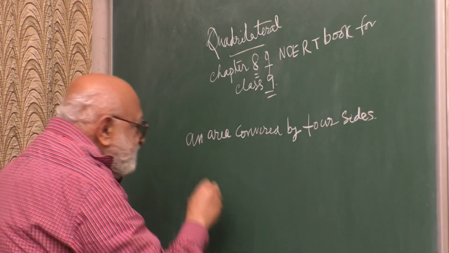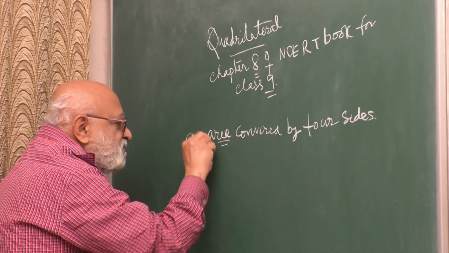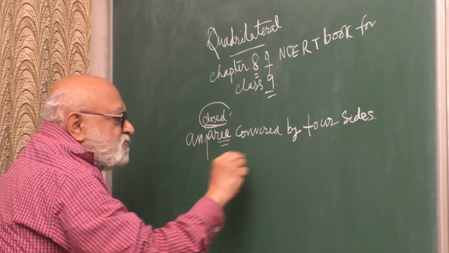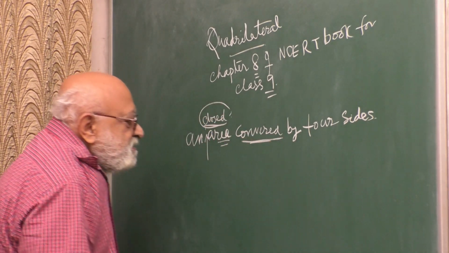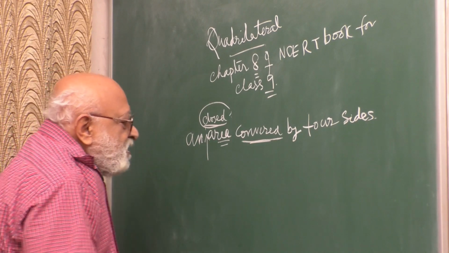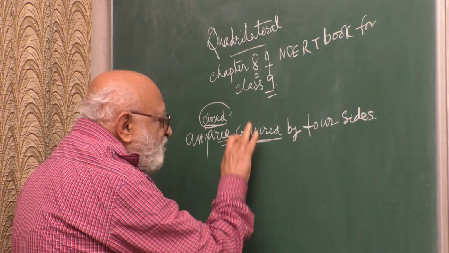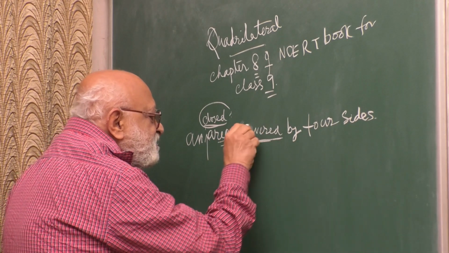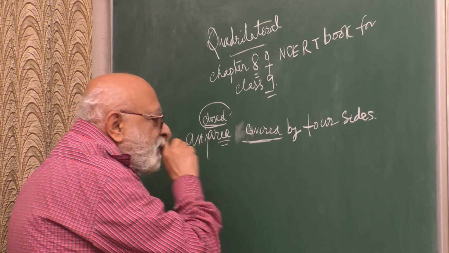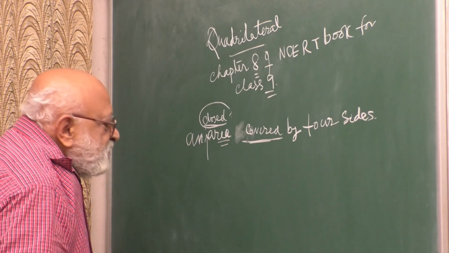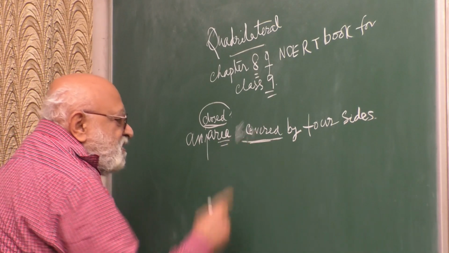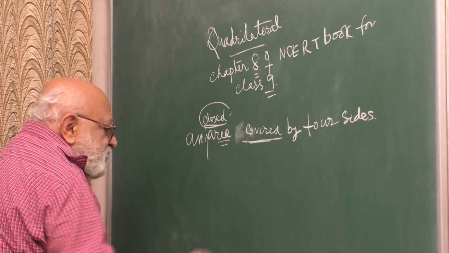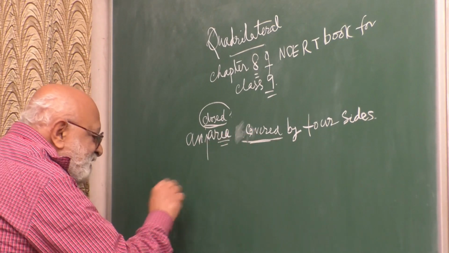So first of all, this area would be closed, and that is indicated by what is known as covered. Covered by 4 sides. Okay, so this is an enclosed area. So let us see, I need 4 sides.